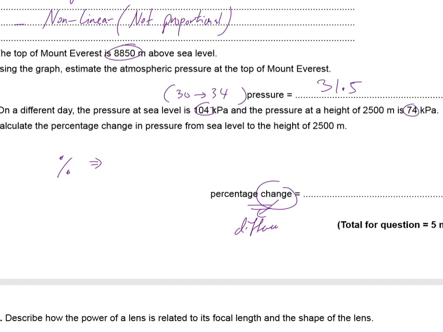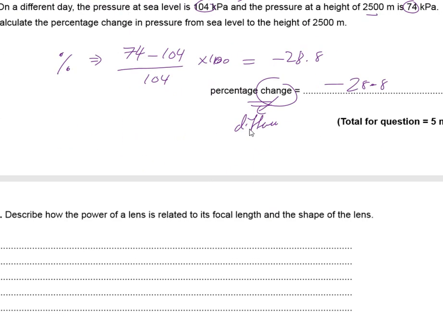So therefore, when the height goes up, this one. So this is before. Take it after divided by before. Okay, 100%. This gives me minus 28. So change 20.8. I can put the minus. You can ignore the minus. It just shows the change. Okay, so no problem.